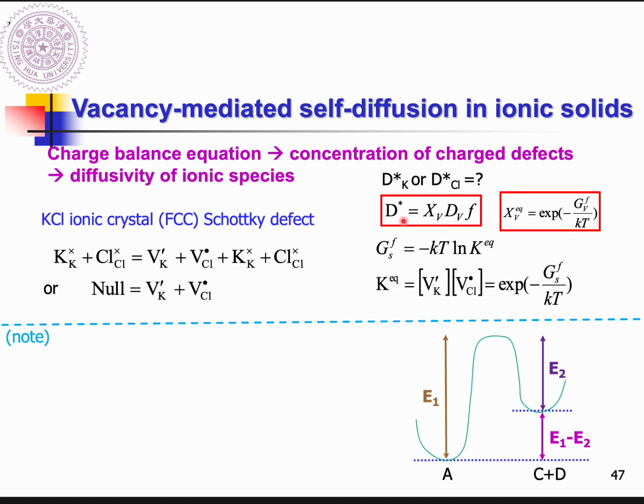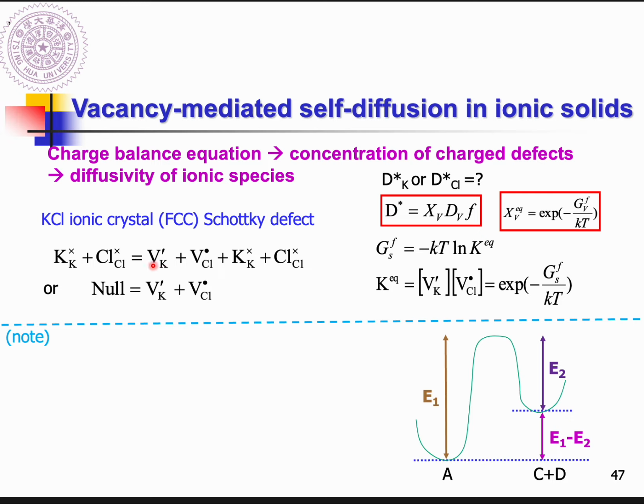Okay, so now we know that because there's a Schottky defect formed in potassium chloride, when you try to formulate these reactions, before Schottky defect formation you can say potassium at potassium site with neutral charge plus a chloride ion at chloride site with neutral charge. But now we have a Schottky defect formed, right?